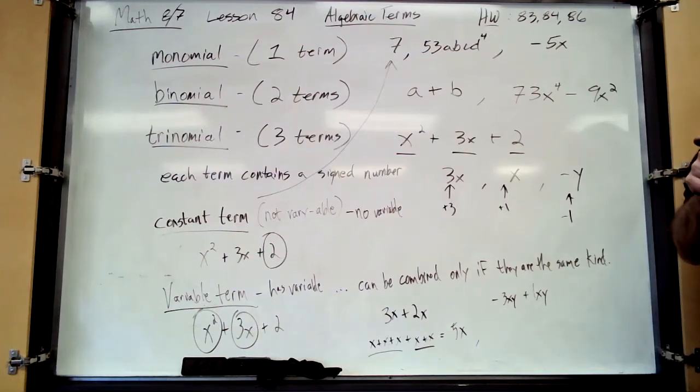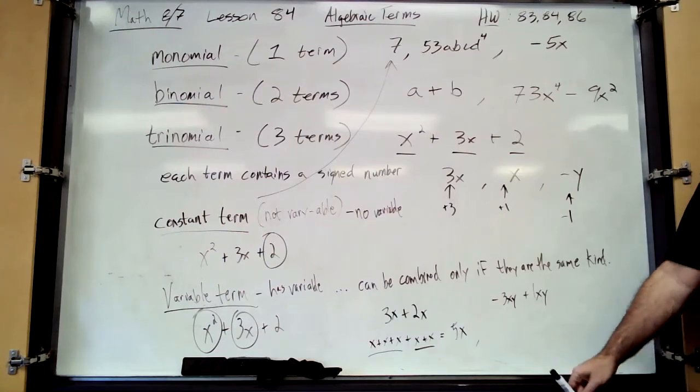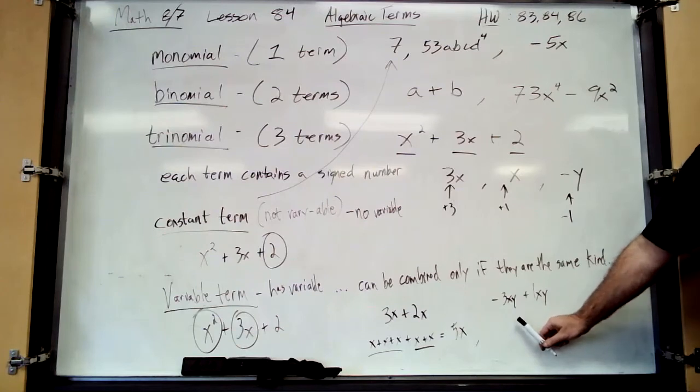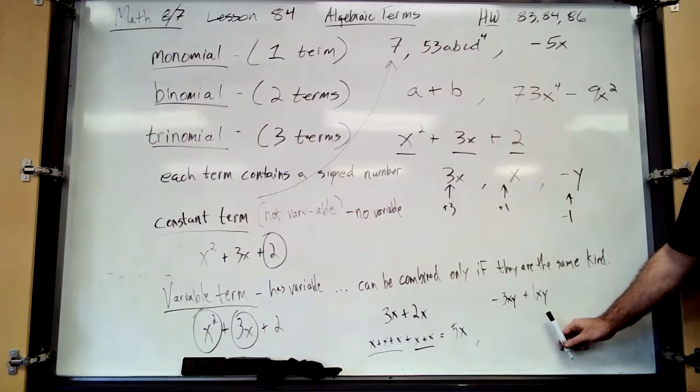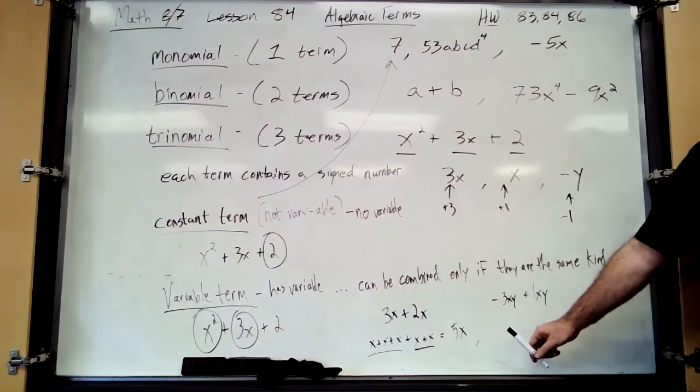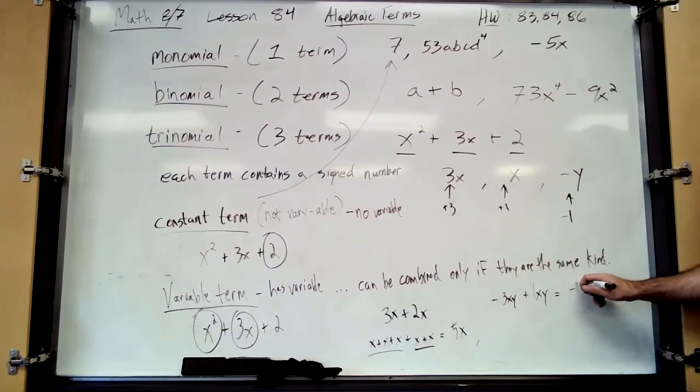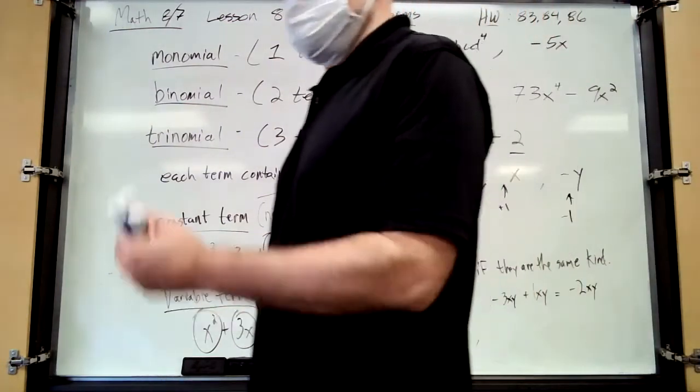Right, Addie? Right? Okay, so negative 3 plus 1. Let's think of it like this. Negative $3 in your bank, which is not good. You owe somebody money. Plus $1. You took away some of your debt. So what's your debt now? Negative $2 or negative 2xy. Okay? That's a better analogy than apples. I know.